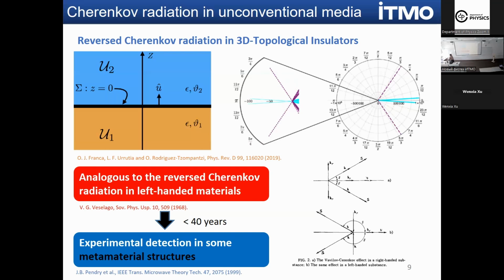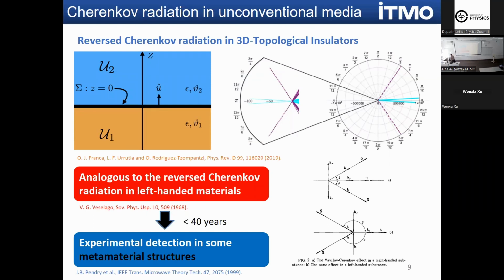This is a work that my group in Mexico did when they studied the radiation of a particle traveling between two magnetic or topological media with different parameter theta. They found that at the interface, in addition to the Cherenkov cone that goes forward, a second Cherenkov cone appears that goes backwards.